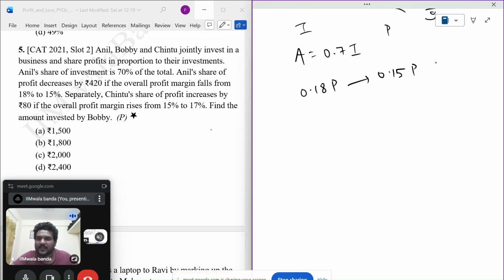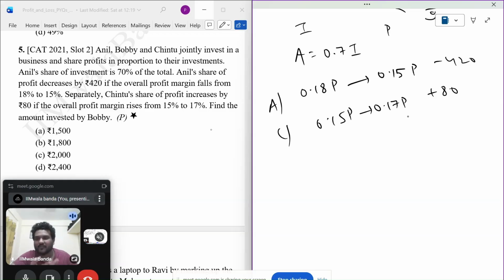Next, he's saying that his profit is decreasing by 420. Obviously, profit will decrease because the overall profit has decreased. So his profit will decrease by much more because he has invested more, his share is more. This is about A. Now, similarly for C, his share of profit increases by 80 when the profit also increases from 0.515p to 0.17p.